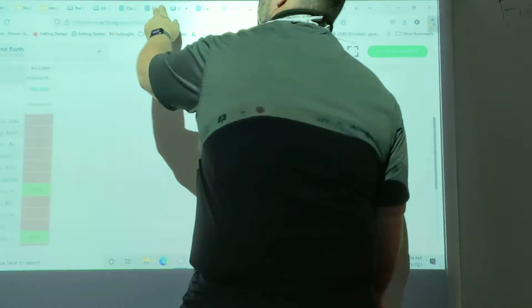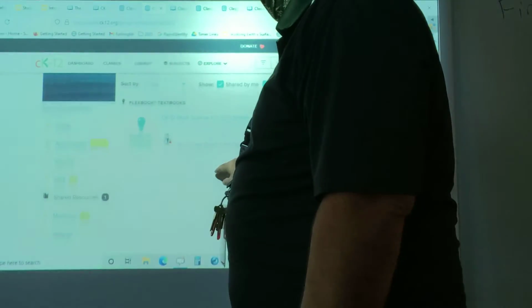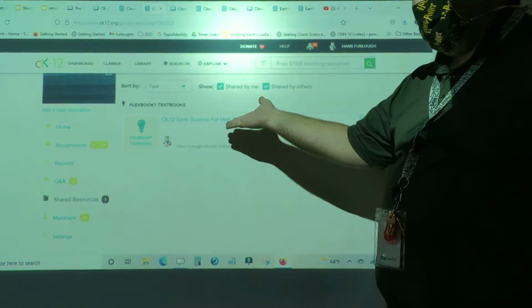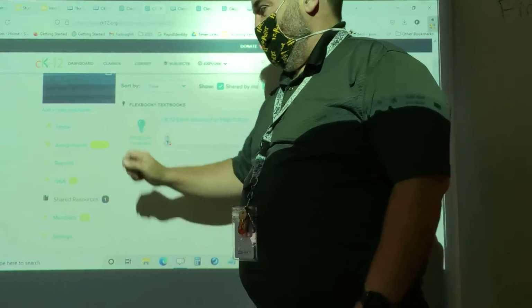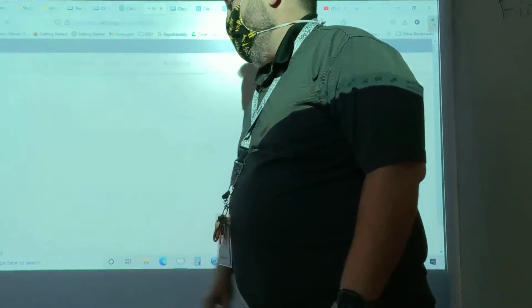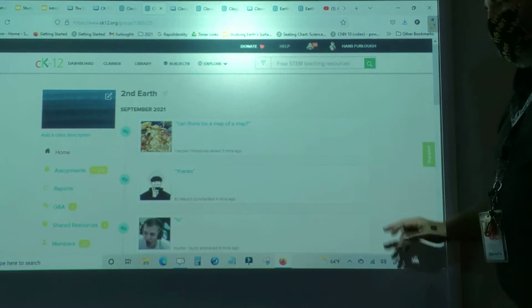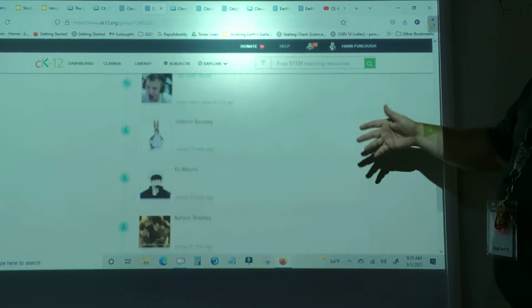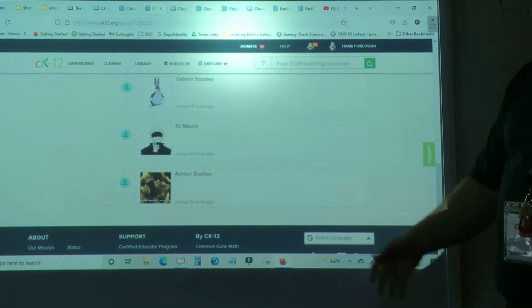So remember, shared resources are where you can find things like the textbook. Assignments are where you find assignments. And anything that you say in the class would be subject to school rules.